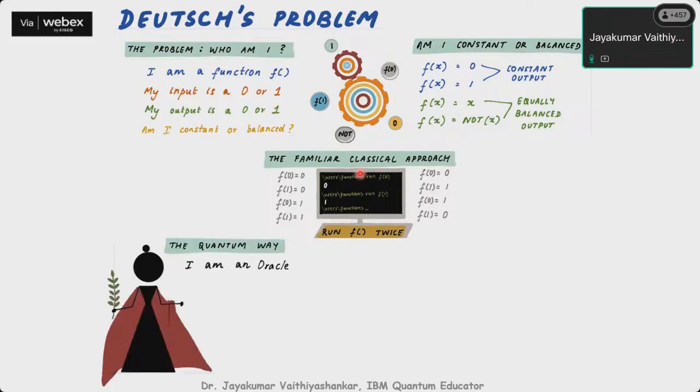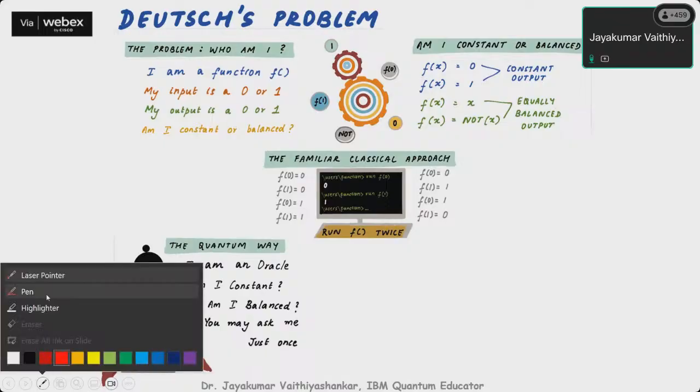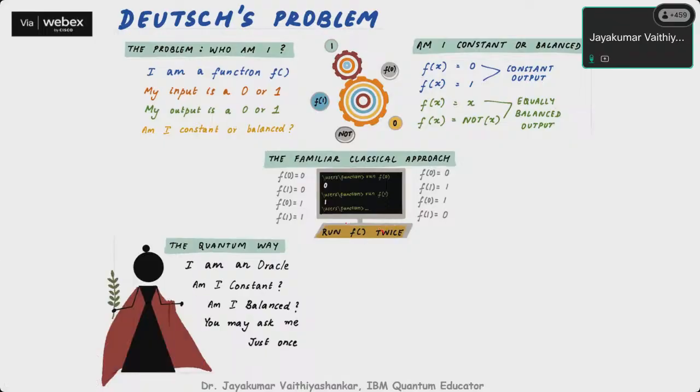But in case of quantum, you can build an oracle. So the oracle will give you what type of function it is, in a single run. Okay, so this is the major comparison between classical and quantum. In classical, you need to run twice, but in quantum, you need to run only a single time.